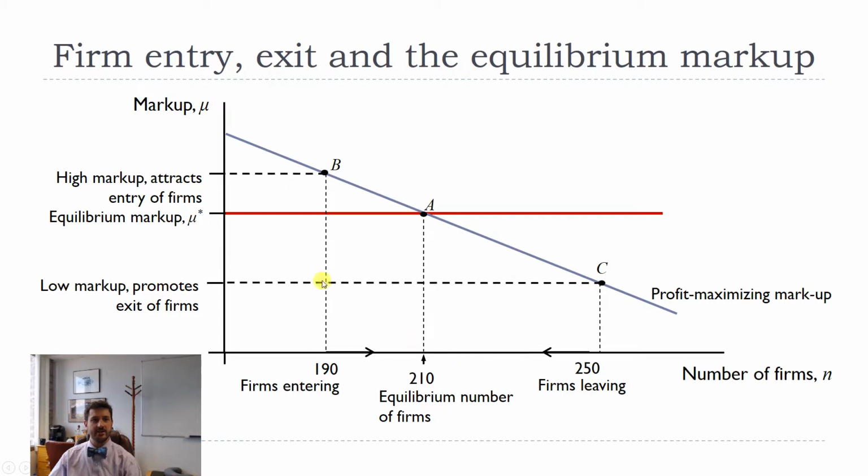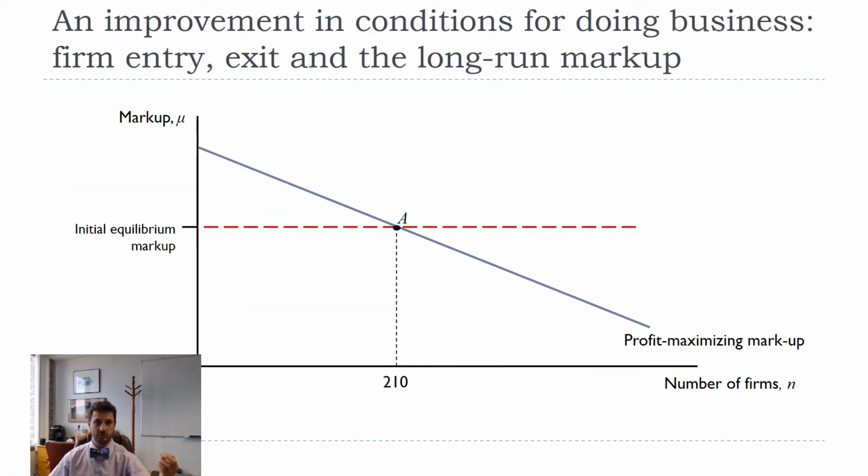On the other hand, if there is a high markup, and so firms in this industry are making a higher profit, then firms will start entering and will be pushed back to point A. So whether we have a high markup and a low number of firms, or a low markup and a high number of firms, we move back towards equilibrium. It's a self-correcting process where we see that the number of firms is very much related to what the markup is in the industry.